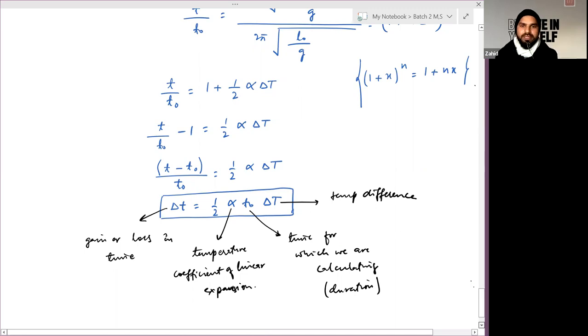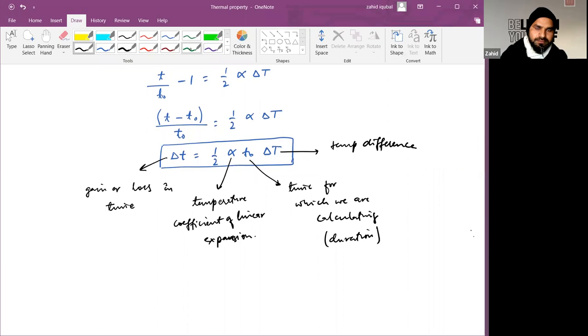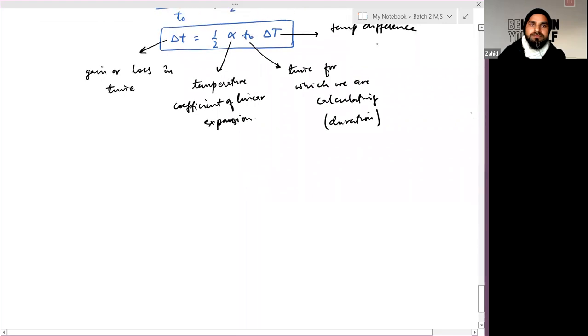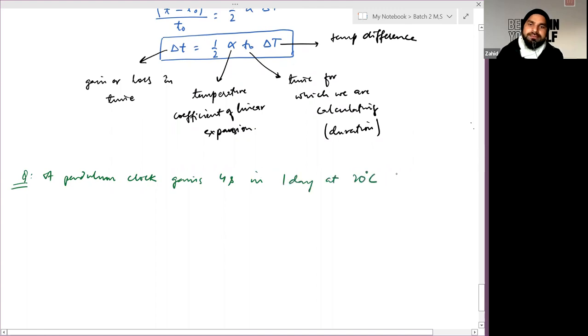So on the basis of this formula, let me give you a question. A pendulum clock gains 4 seconds in 1 day at 20 degrees Celsius and loses 12 seconds in 1 day at 40 degrees Celsius.